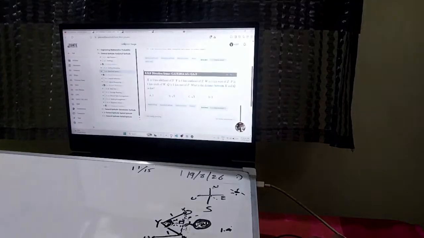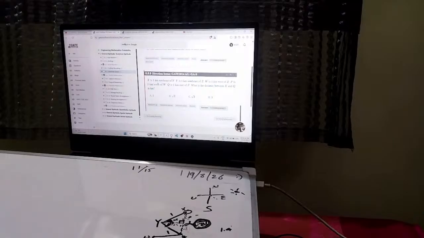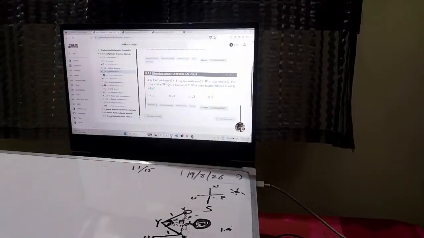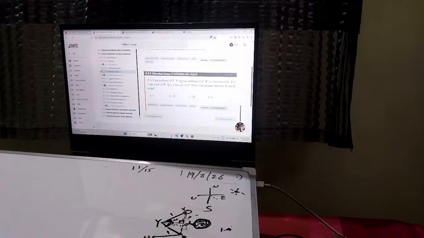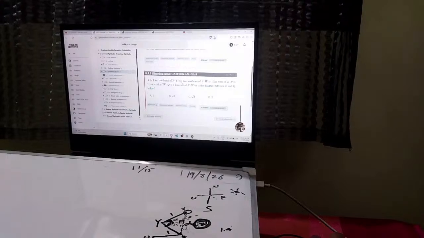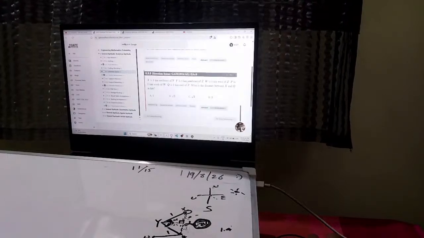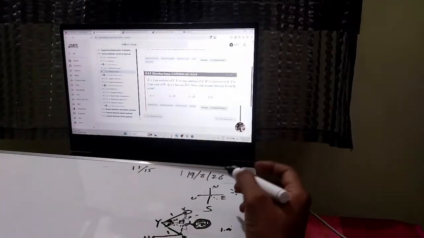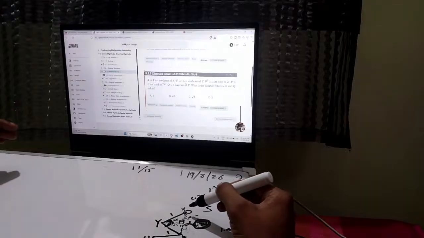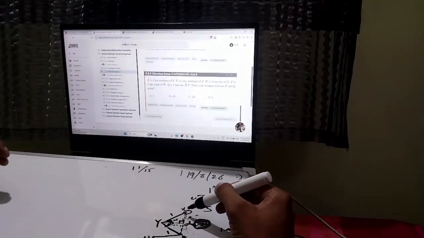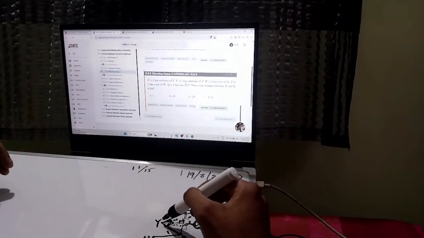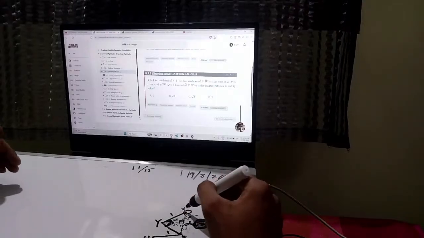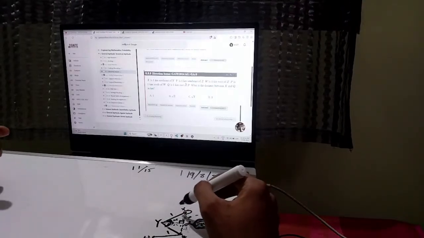Let me check my question. X is 1 kilometer northeast of Y. Direction sense. Exhausting questions. So let's do this question again. X is 1 kilometer northeast of Y. If Y is here, northeast means X is here, 1 kilometer.